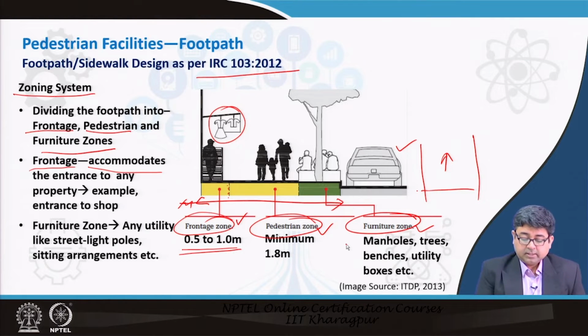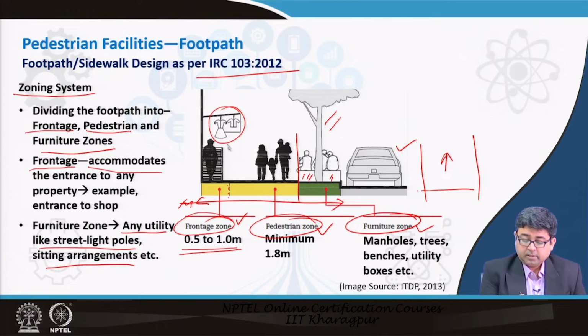Next comes the furniture zone, which is on the other edge of the sidewalk. In the furniture zone, all utilities like street poles, sitting arrangements, etc., should be provided. You have benches here, people are sitting on the benches, there are trees; all of those areas should be demarcated from the actual walking zone.